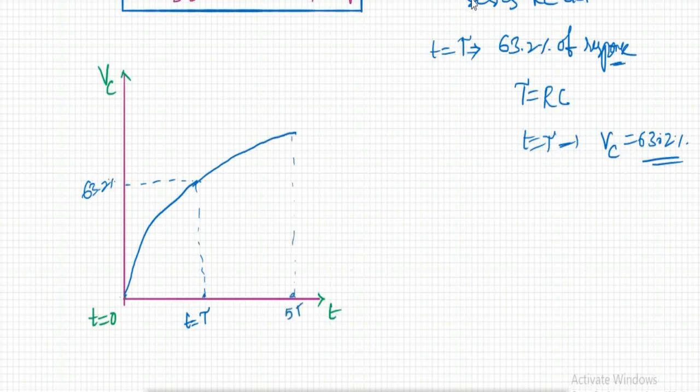It will stay constant after these 5 time constants.